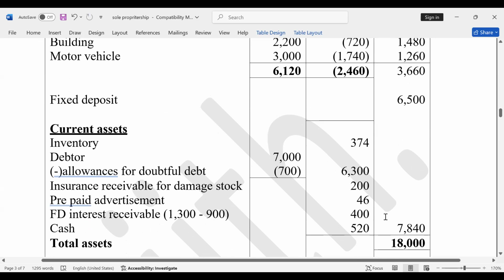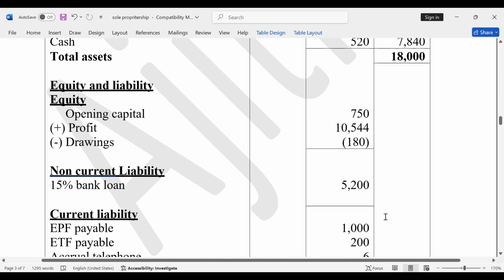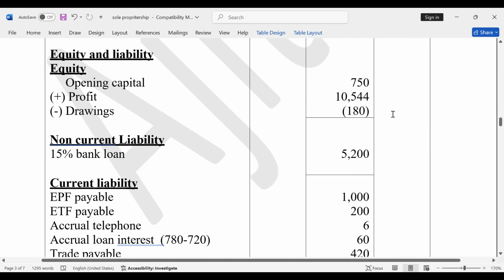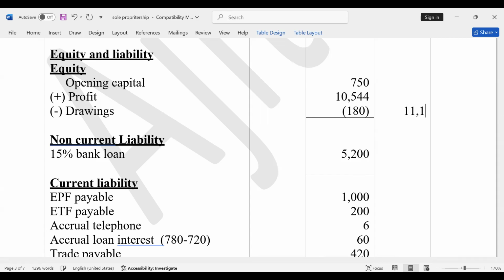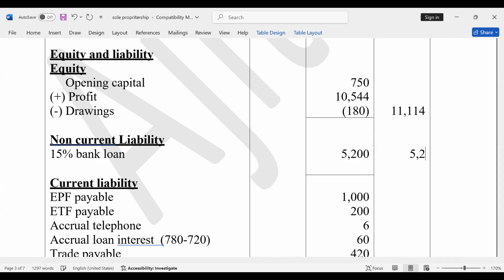If those are correctly recorded, assets should be equal liability plus equity. Therefore, calculate equity total amount also. Drawing should be deducted. Therefore, here will be equal 11,114. Loan can be equal to last column.